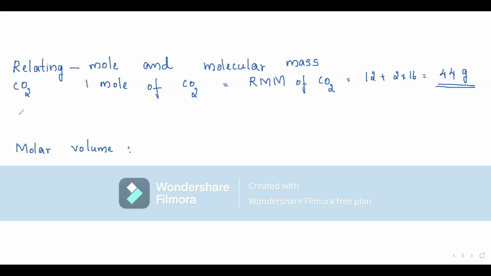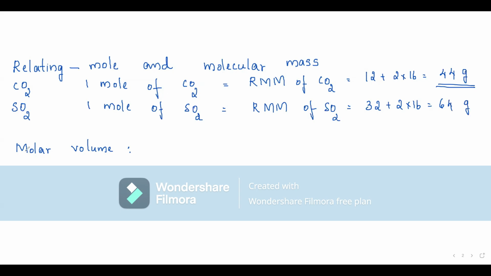mole of carbon dioxide. If you take SO2, then 1 mole of SO2 will be the relative molecular mass of SO2, which is atomic mass of sulfur 32 plus 2 into 16. So 32 plus 32, 64 grams.